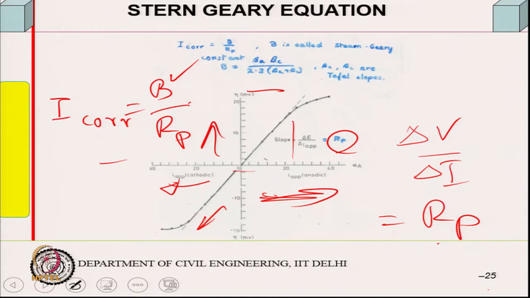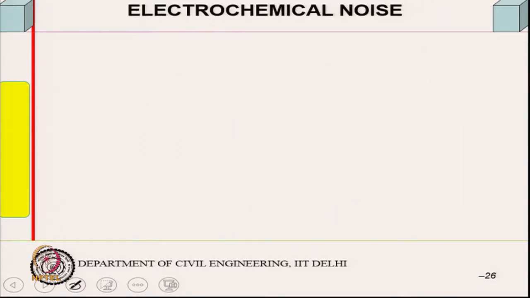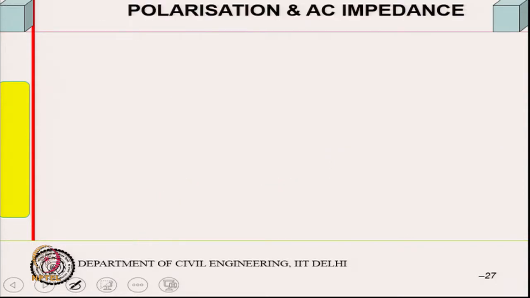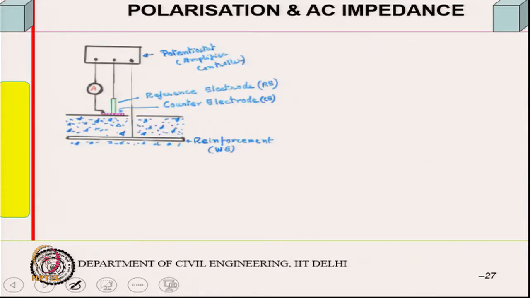I do not think I will go into that electrochemistry, but instruments are available, that is what I want to tell you. There are some instruments of the electrochemical noise kind. Commercial equipment I have not seen one. Similarly, AC impedance spectroscopy, but this has not yet gone to the field.